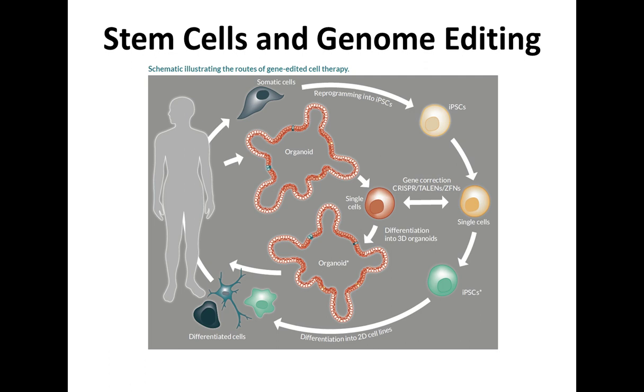Whereas in the case of organoid, as soon as you isolate the organoid from a patient, you just need to do the gene correction, and the resulting corrected organoid can then be used for cell therapy directly in humans. So in this case, there is just one step to overcome. The reason that organoid has not been used in cell therapy is because of the extracellular matrix that we are using.